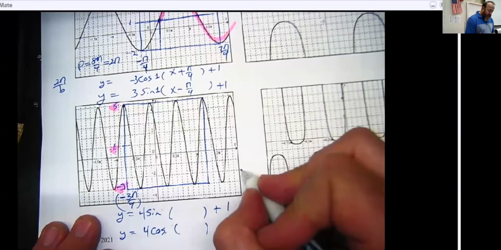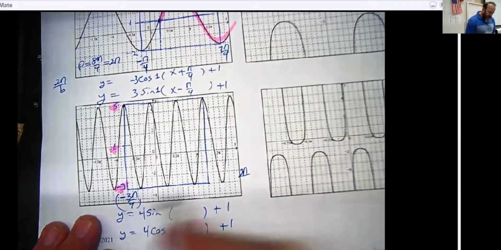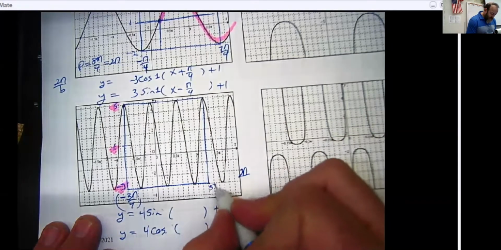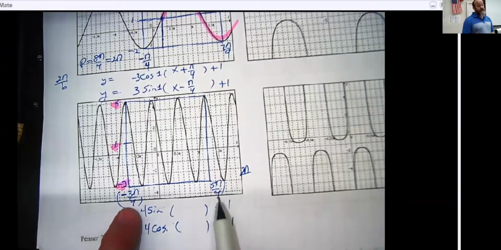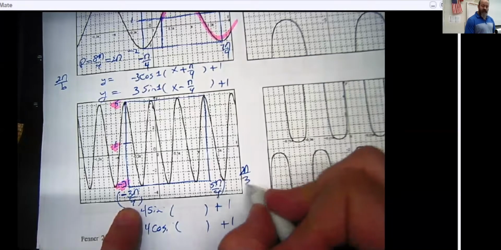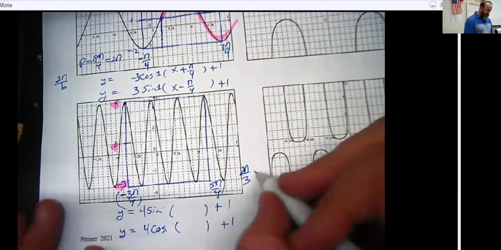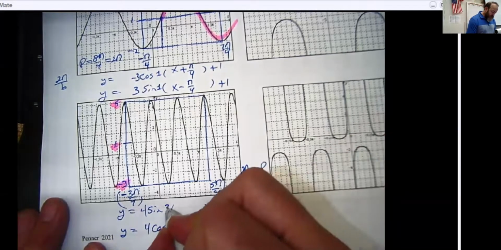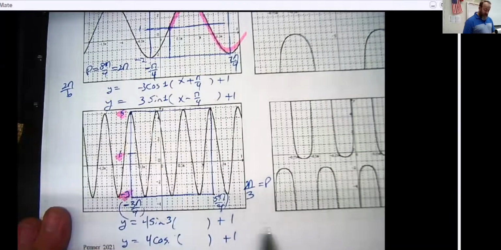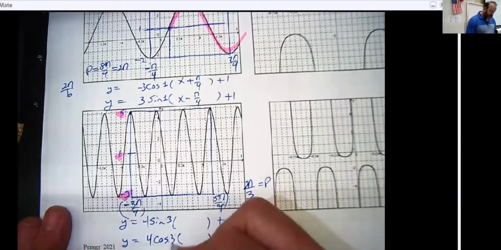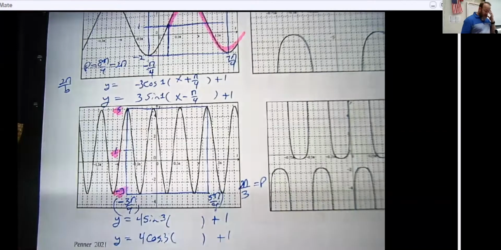So if it went from here to here in exactly 2 pi, because it turns out it is, I rigged it to be kind of nice, but it fit 3 waves in that 2 pi, then each wave is 2 pi over 3 as a period, which means if 2 pi over b, as previously mentioned, is our period, then b is 3. So that's going to make that wave go a little bit faster.